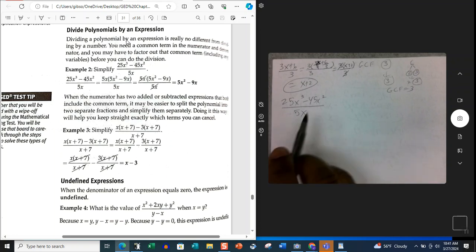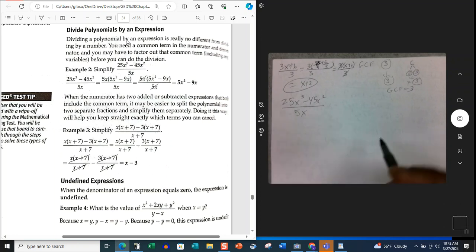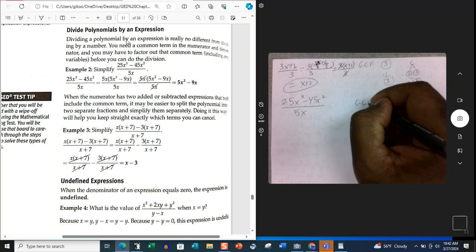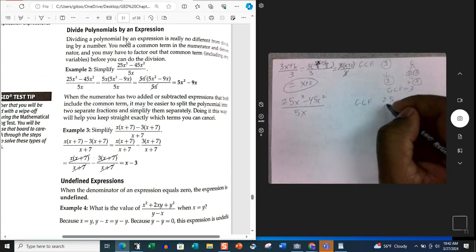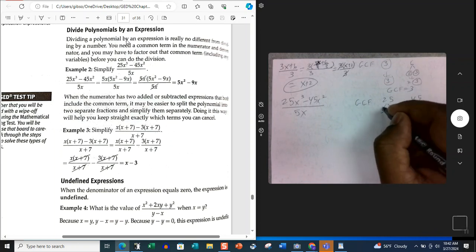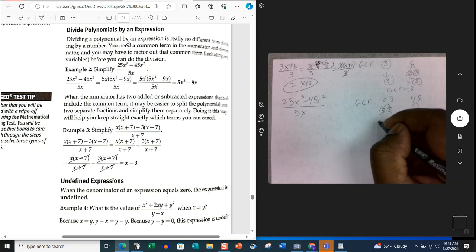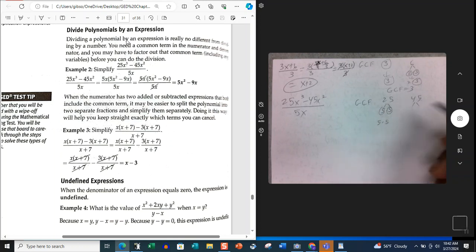At this moment, we're not going to concentrate on the variables. Let's look at the numbers, 25 and 45. We're going to do the GCF. 25 breaks down to 5 times 5. 45 is 9 times 5.